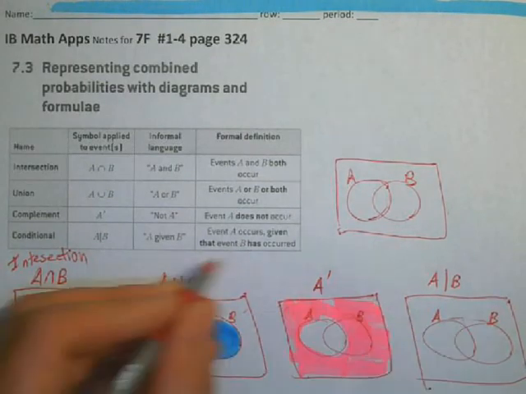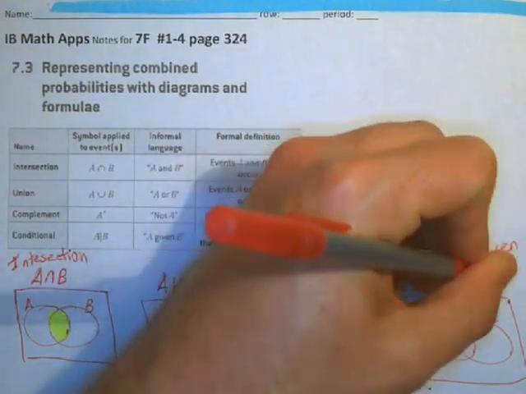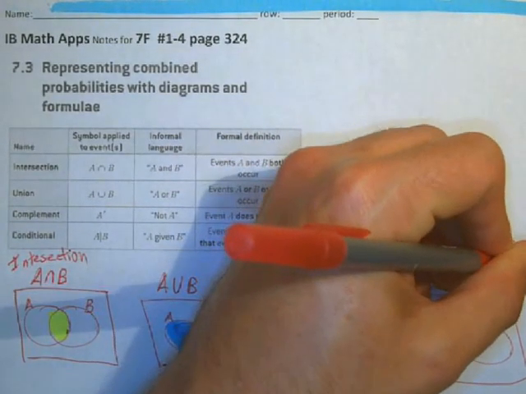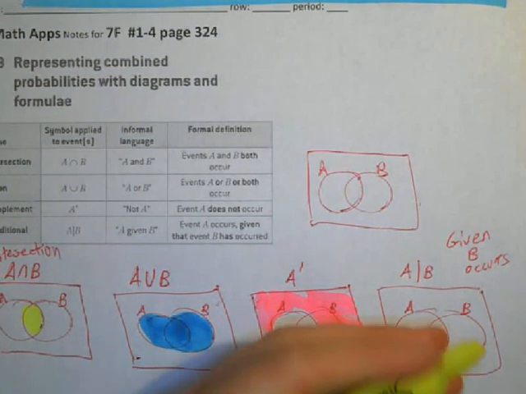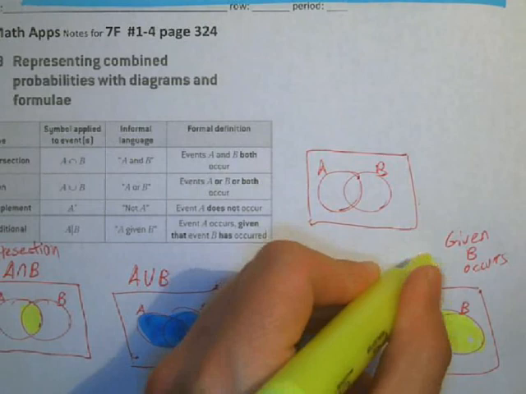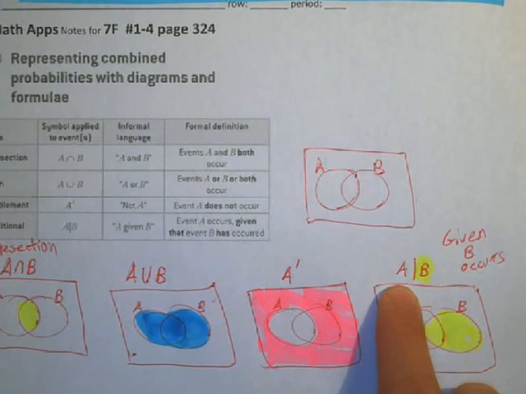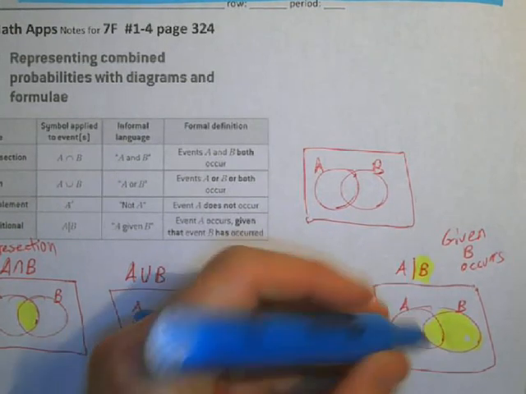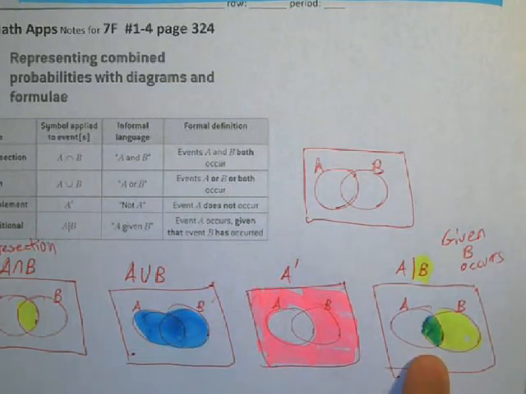Because we're given that B occurs, we only are concerned with being inside B. Now we want to find the probability that A happens given that B happens. Basically, we are looking at only the blue portion divided by the whole circle B. And we'll be talking about that in some future examples.